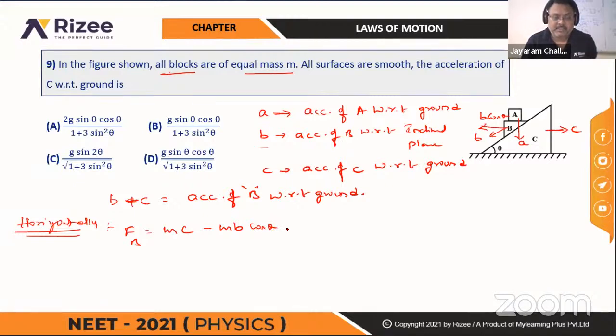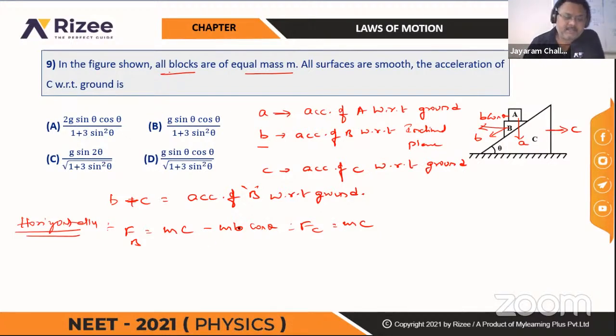Now coming to the other case. What other situations can we face here to obtain the relation between B and C? From this one, this is FB. Now the force on C is equal to mass into C. This is the force which is also acting in the horizontal sense.